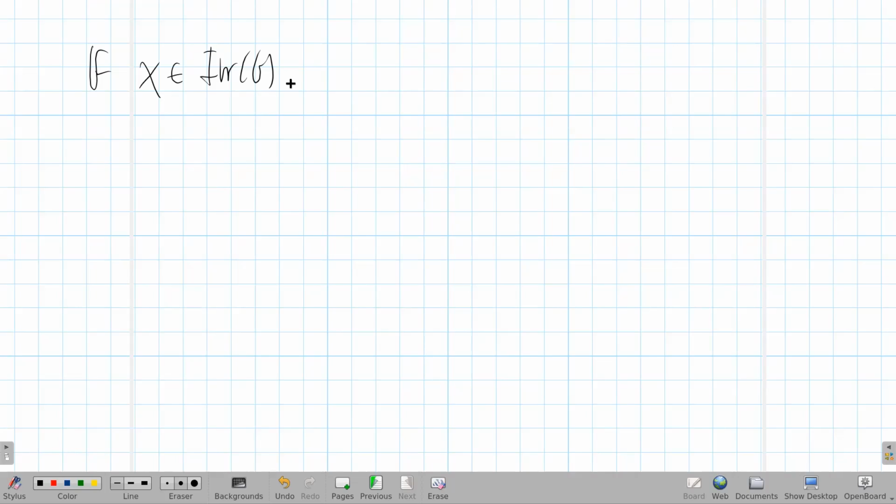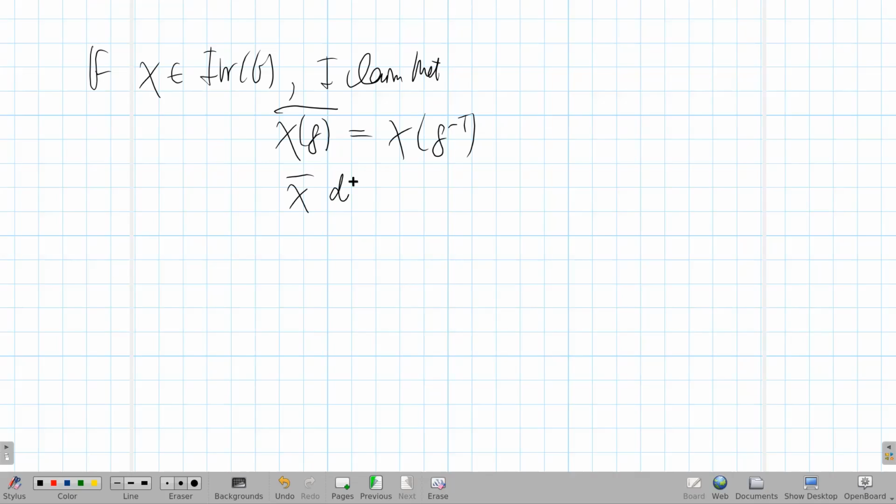Okay, then I claim two things: if you take the conjugate of this, I've already used this, but let's do it again, the conjugate of the character is the value of the character on the inverse, and moreover, chi bar defined by chi bar of g equals chi of g bar is also an irreducible character.